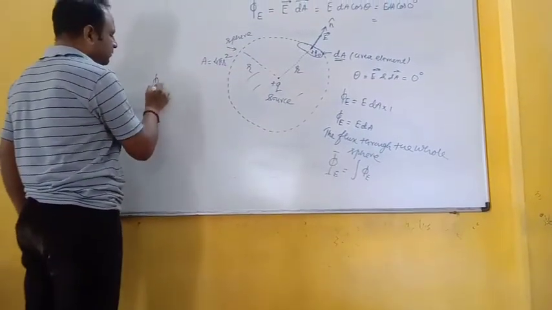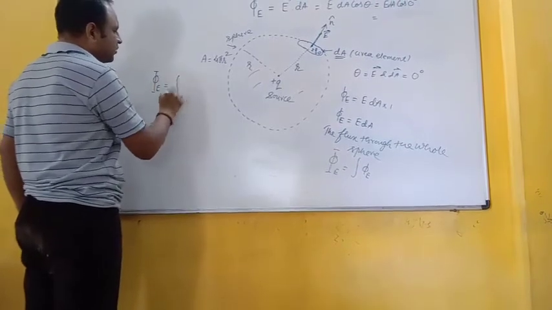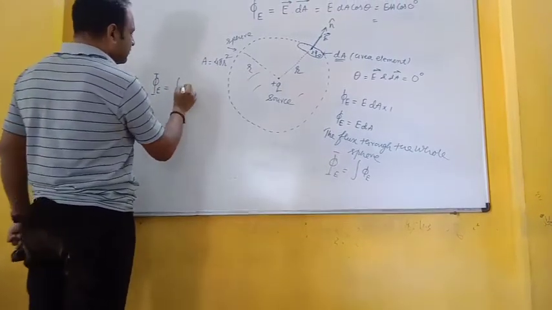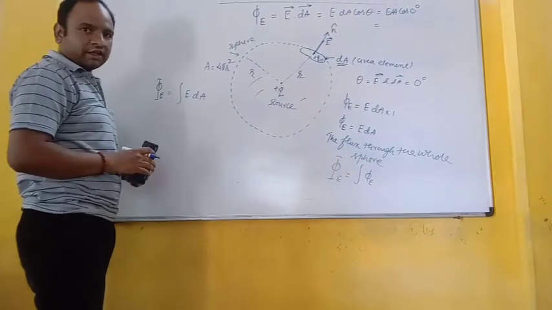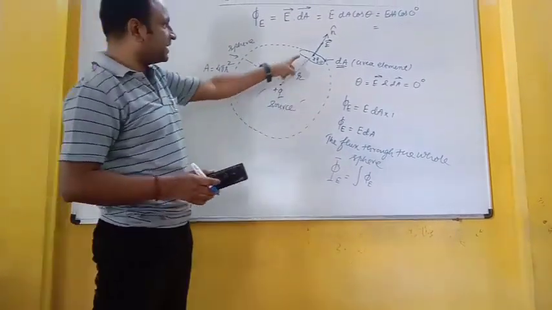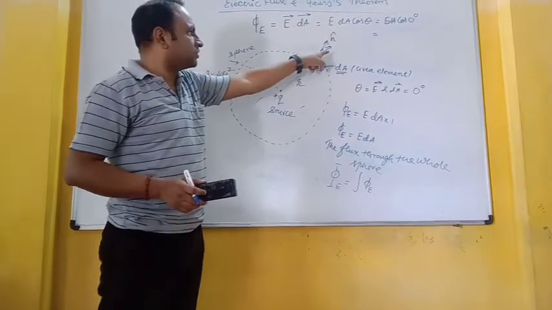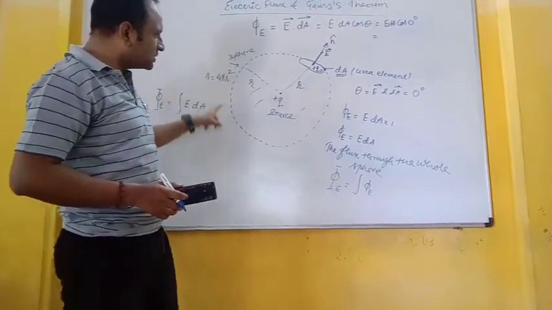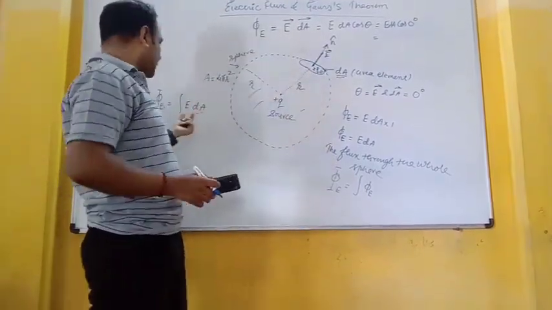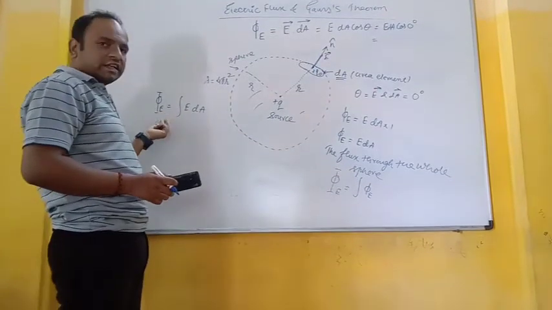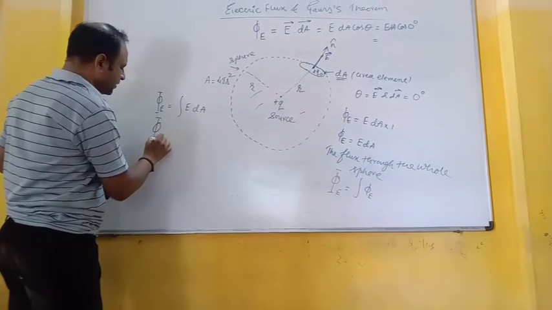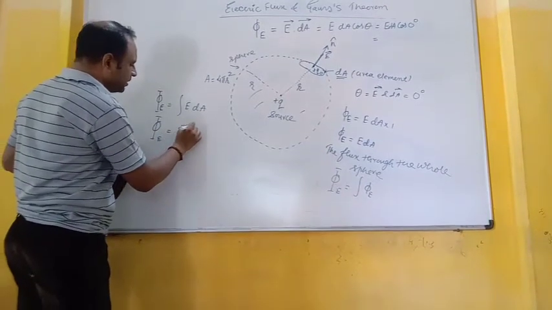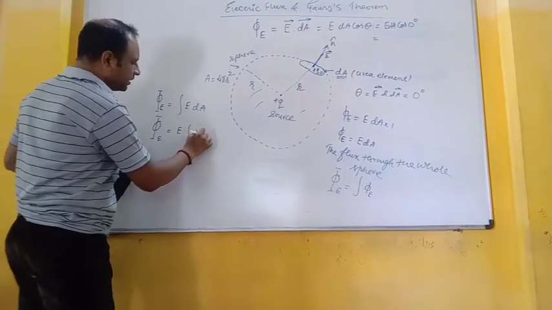and as phi E would be equal to E multiplied by dA. Now since this electric field intensity would be constant in magnitude over the whole surface of this sphere, I can take this E out of the integral sign. So the flux through this whole sphere phi E would be equal to E into integral dA.